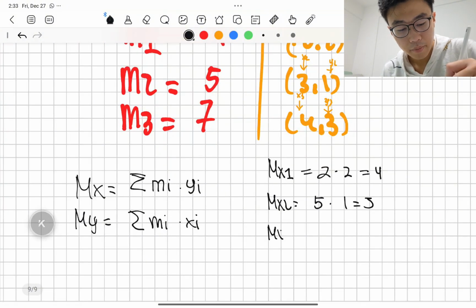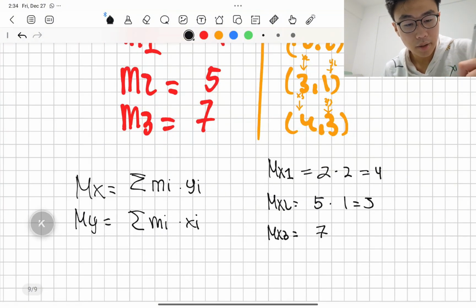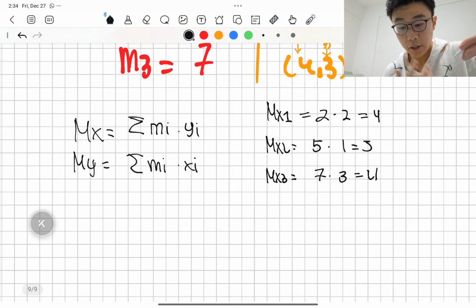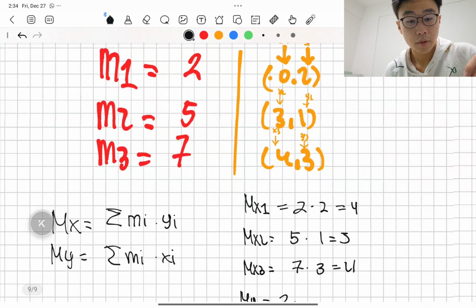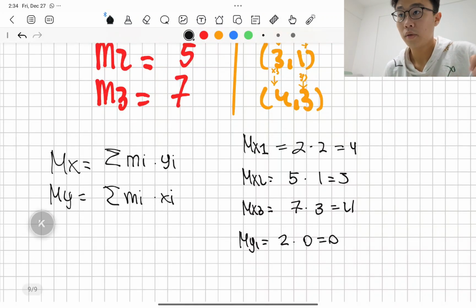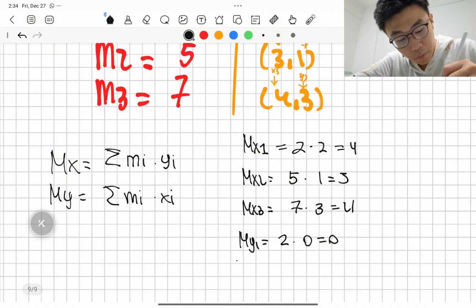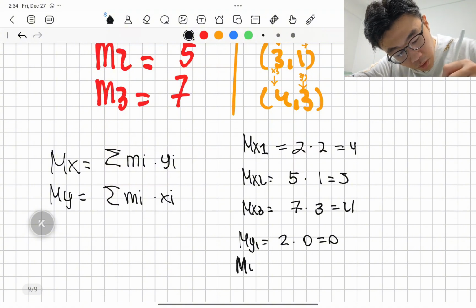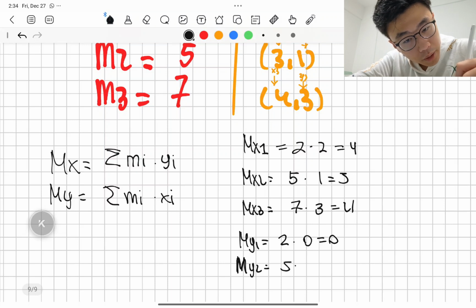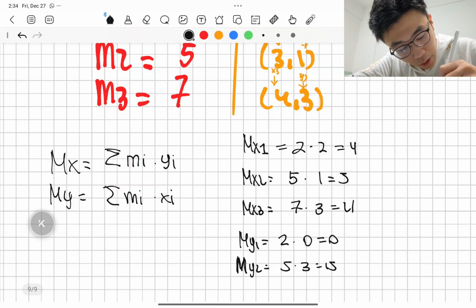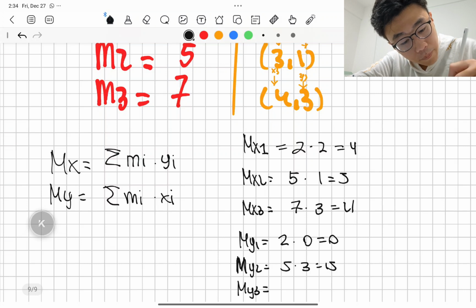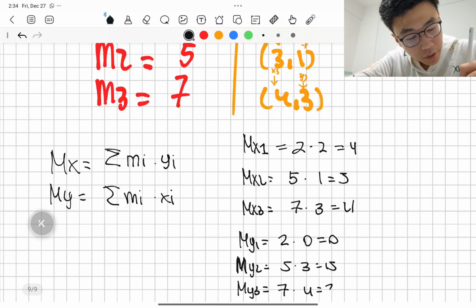And last, Mx3 will be 7 multiplied by 3, which is 21. Now it's time to find My. My1 equals 2 multiplied by 0, which is 0. My2 is 5 multiplied by 3, which is 15. My3 is 7 multiplied by 4, which is 28.